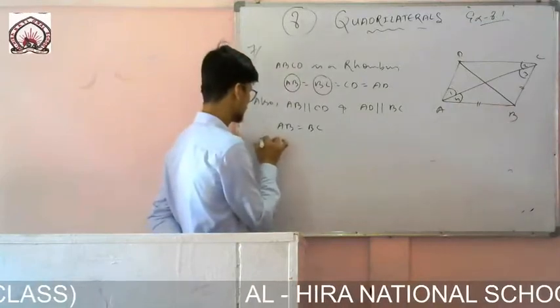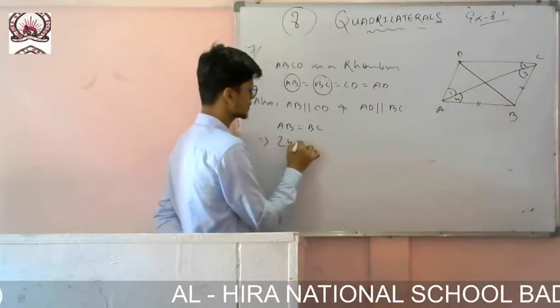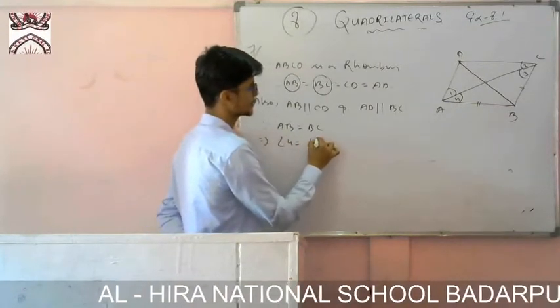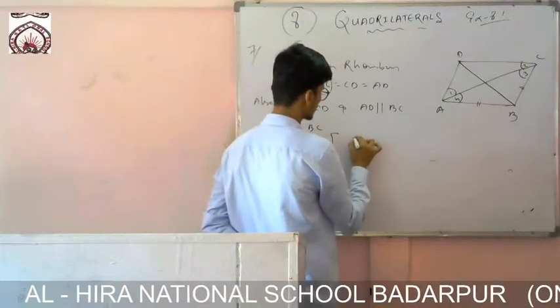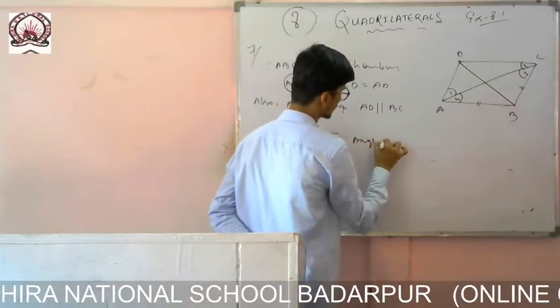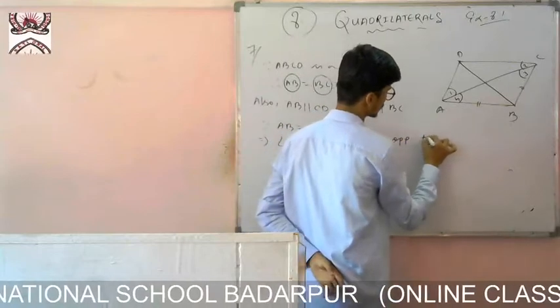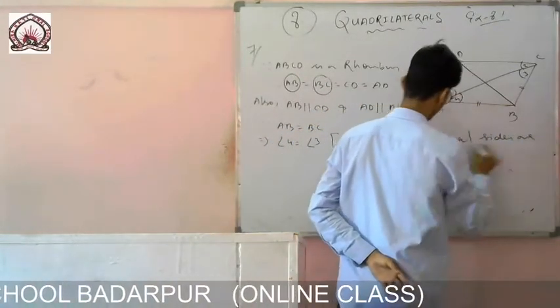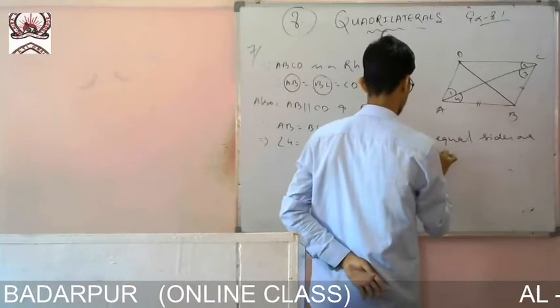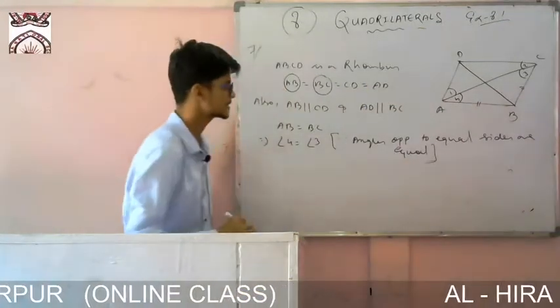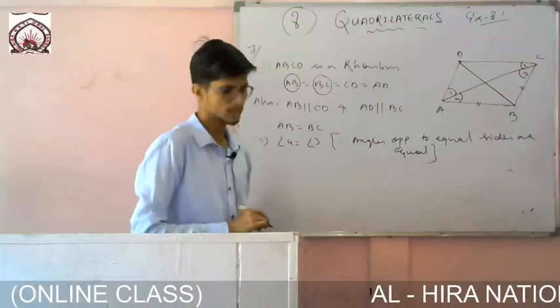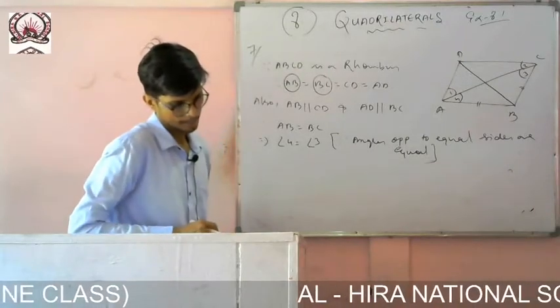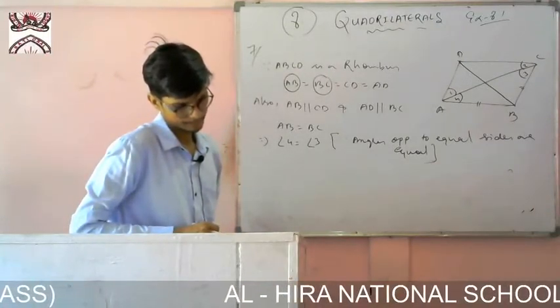So I can write angle 4 is equal to angle 3, since angles opposite to equal sides are equal.